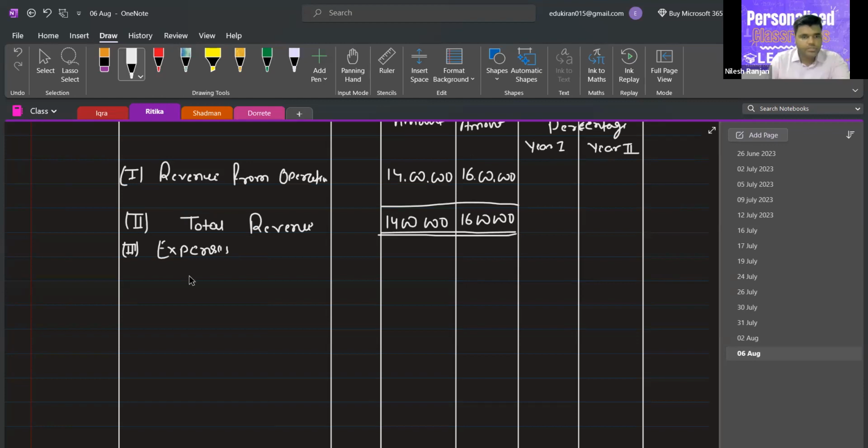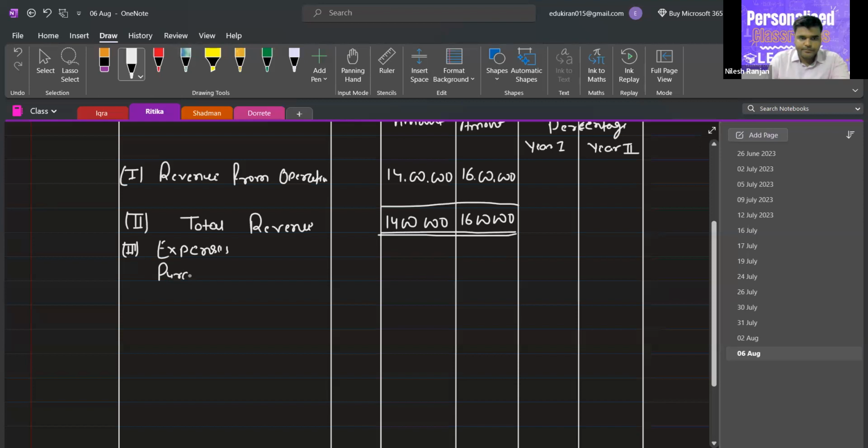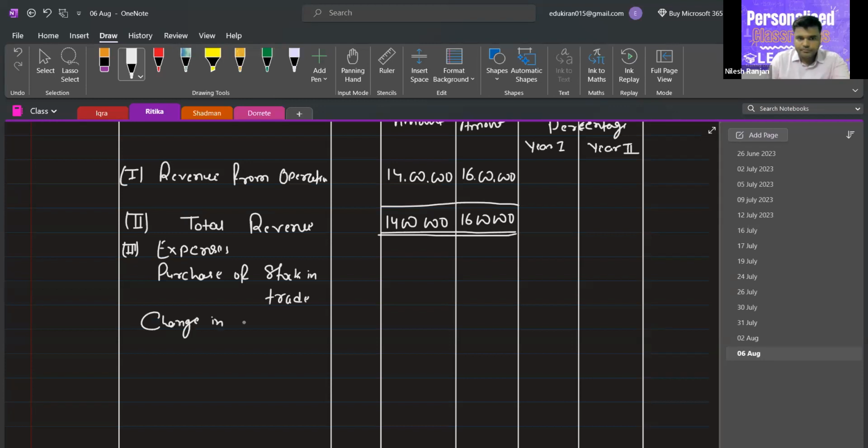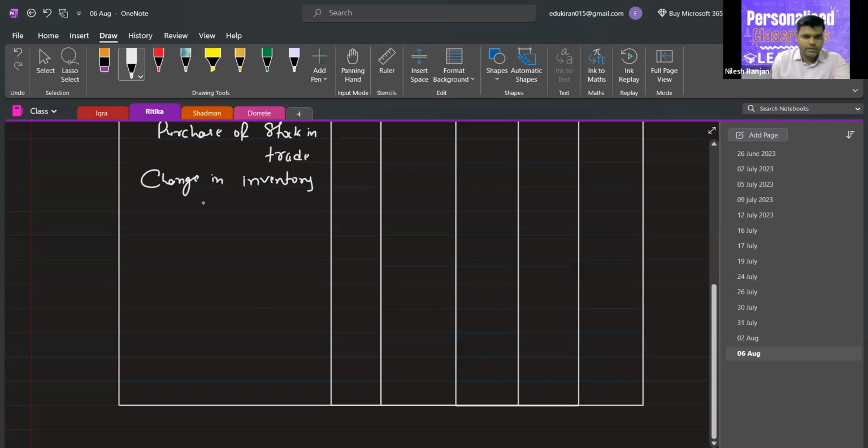After that, expenses, purchase of stock in trade, then change in inventory of the stock in trade.